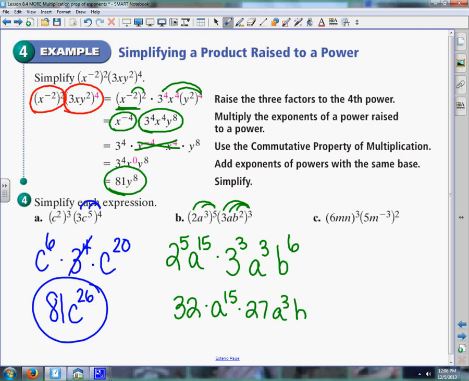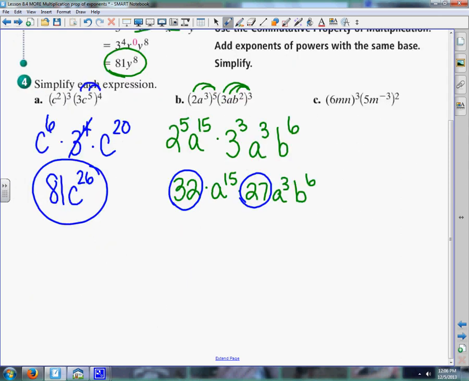A to the 3rd, b to the 6th. So now I'm going to combine my numbers, 27 and 32. And that equals 864. And then a to the 15th, a to the 3rd is a to the 18th, b to the 6th.